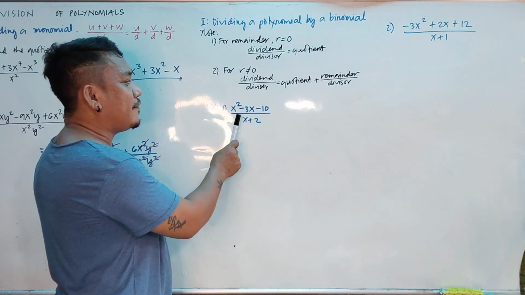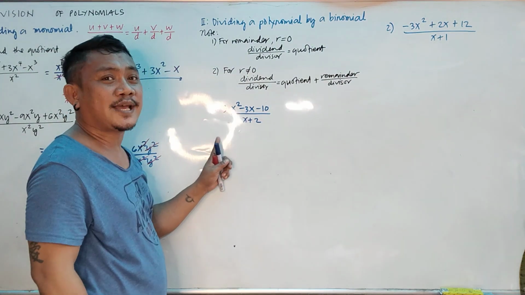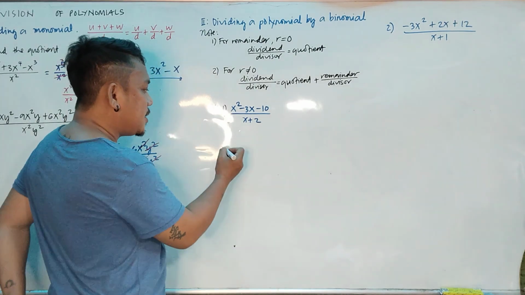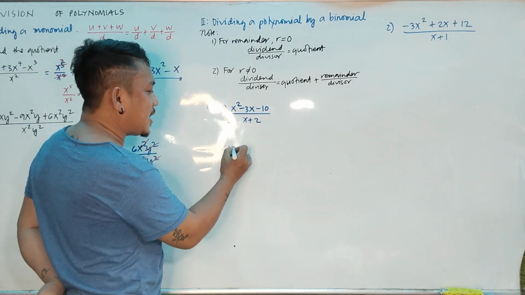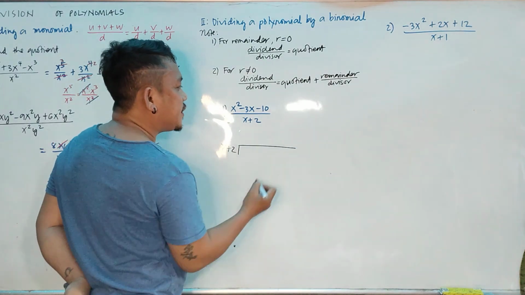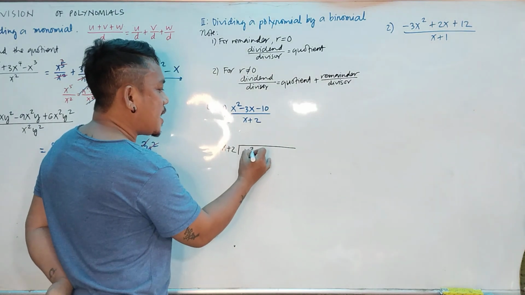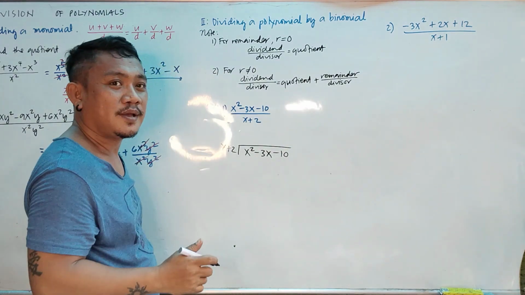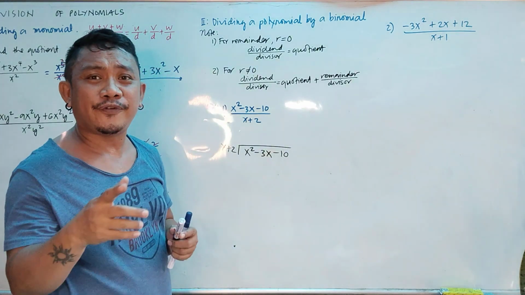Find the quotient of x squared minus 3x minus 10 over x plus 2. Let's divide. The divisor is x plus 2, by long division. Copy x squared minus 3x minus 10. What would be our first step?